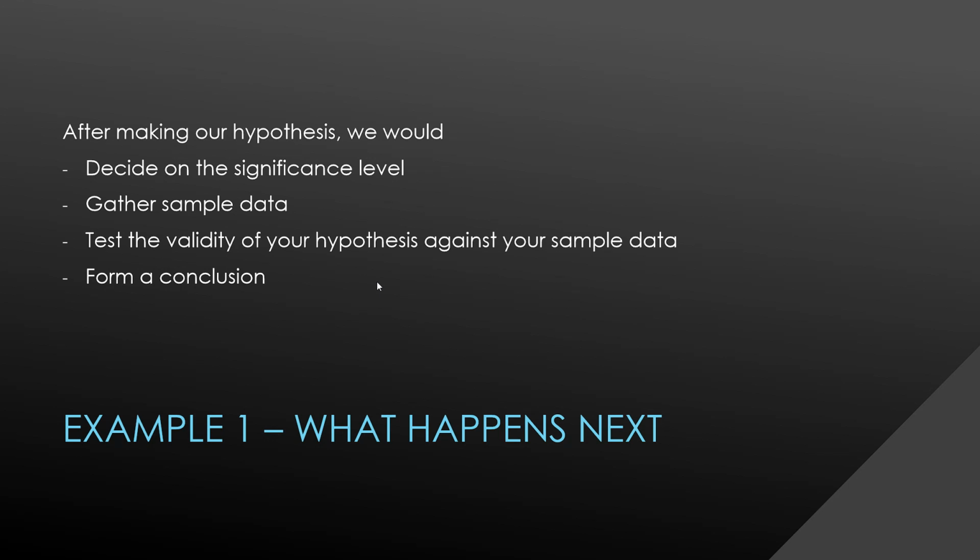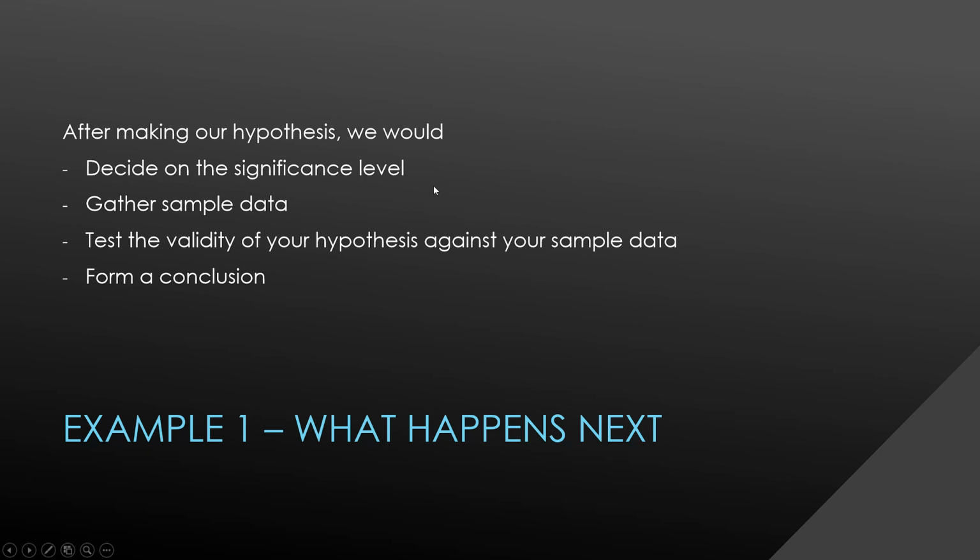We've got this hypothesis. What are we going to do with it? And really, I just want to give you a heads up for what's going to come up in the next several videos here. After you've made your testable hypothesis, you've got your null, your working assumption, and you've got your alternate, the one you're trying to see if it's more viable than the null, you will first decide on your significance level.